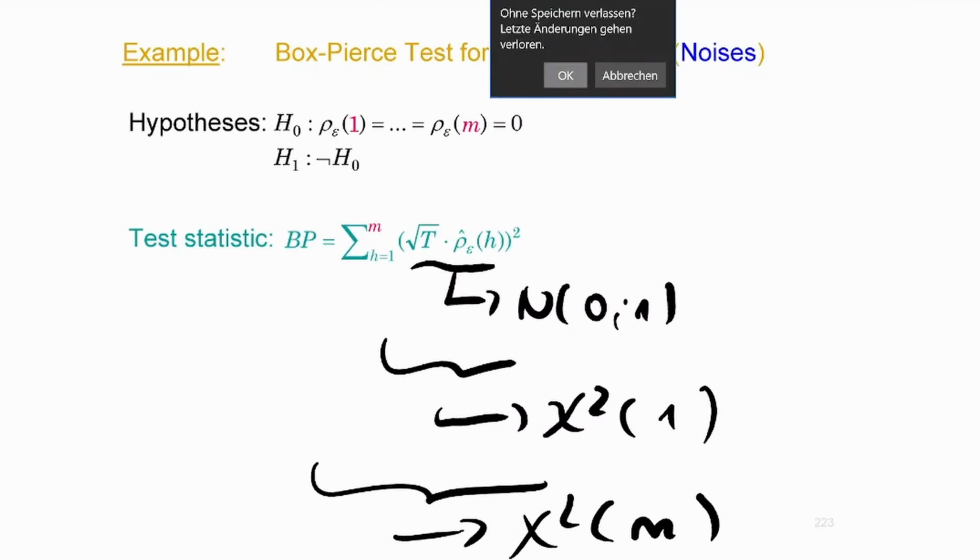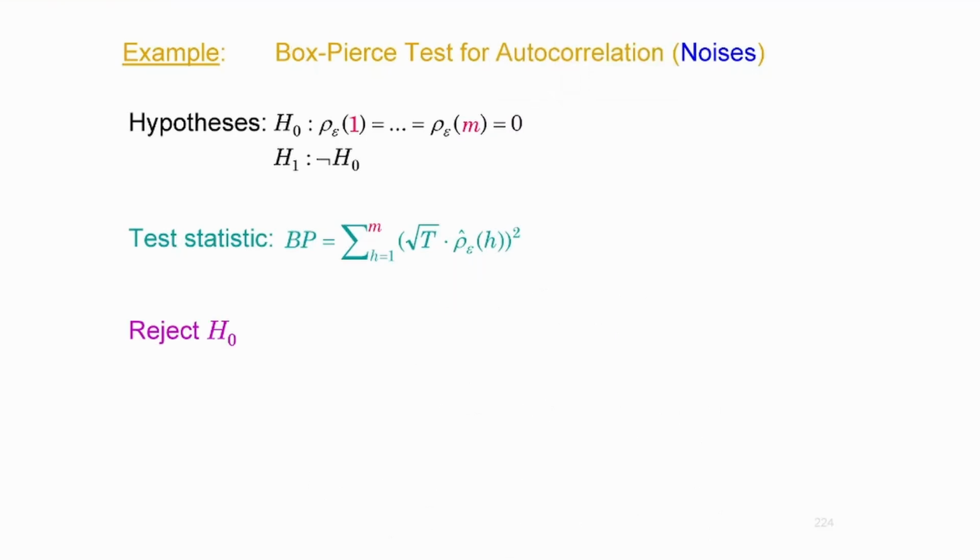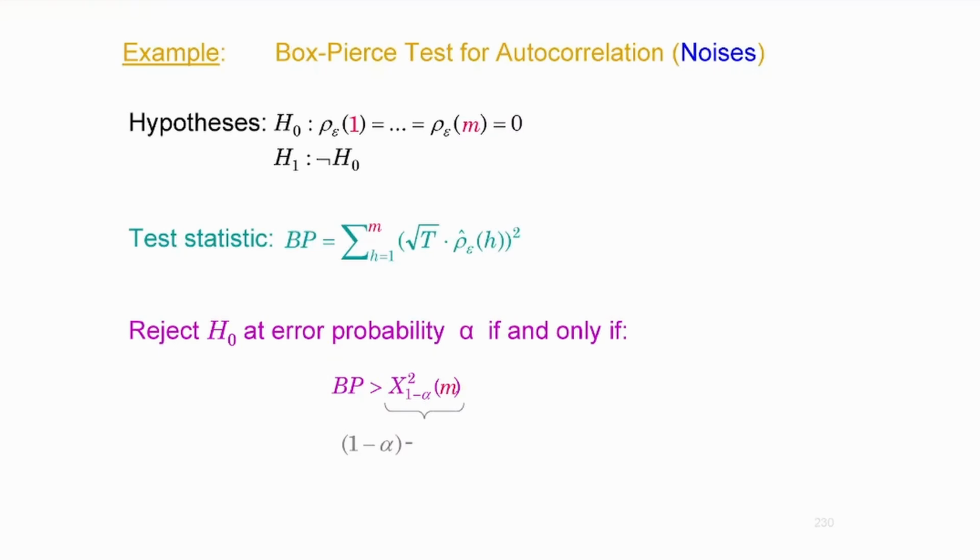By the way, if you understand the definition of the chi-square distribution, you should reject the null hypothesis at error probability of 5% if and only if the test statistic, which is never negative, of course, a sum of squared numbers cannot be negative, is greater than the 1 minus alpha quantile of the chi-square distribution with m degrees of freedom. So now you see the explanation. That is the 1 minus alpha quantile, not the 1 minus alpha half quantile, guys.